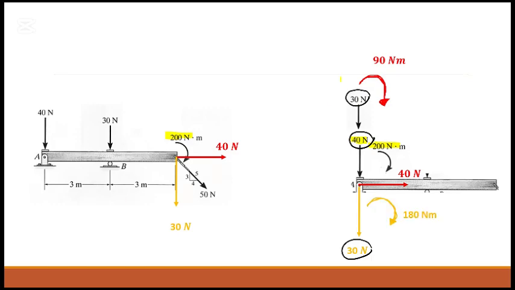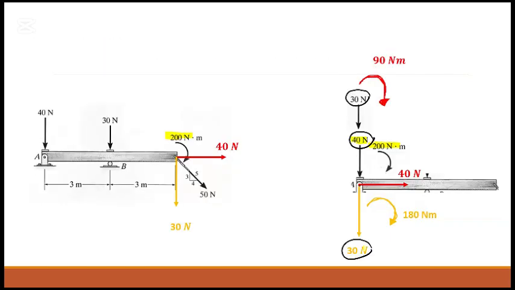So these are the things we have. All the forces are downward, these ones, 30, 40, and 30. When we add those together, 100. And the moments, all 3 moments are in the clockwise direction. So 90, 200, and 180, we can add them.